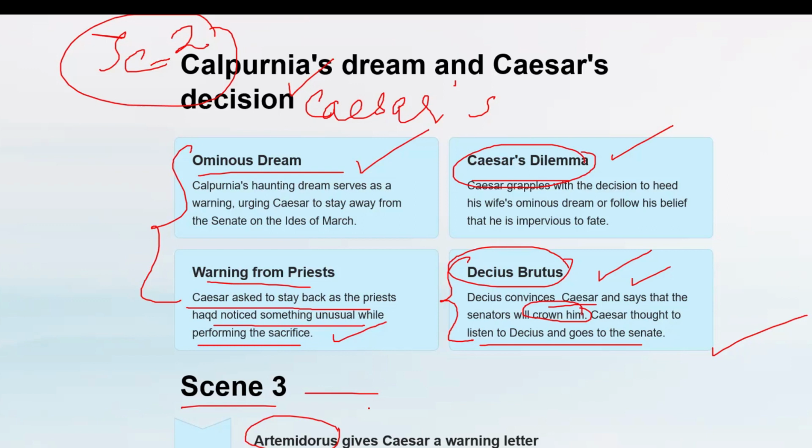Artemidorus is again an admirer of Caesar, and he wants to give Caesar a letter where he talks about all the conspirators, and he tells that none of them are safe to be with. They're all quite dangerous, so you better stay away from them. So he says that he's going to give this letter to Julius Caesar while he is going on his way to the Senate.